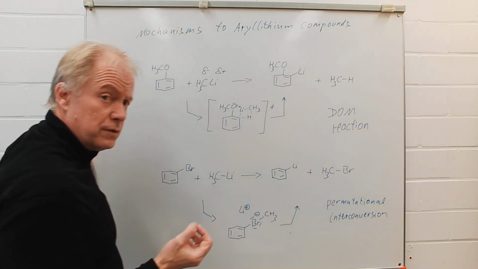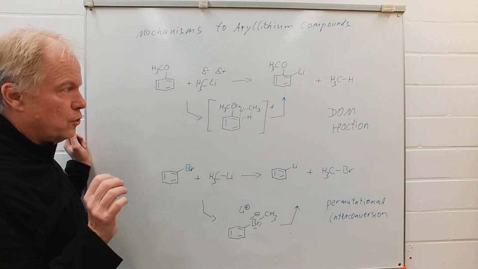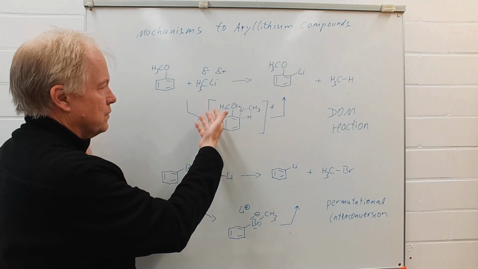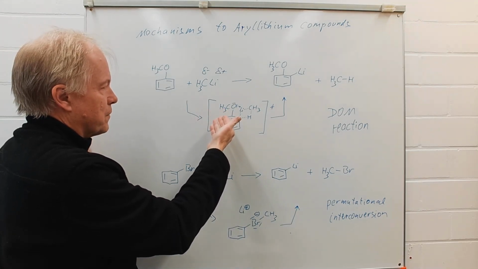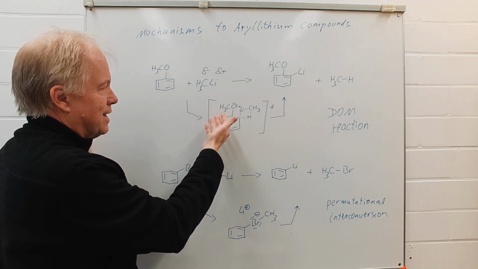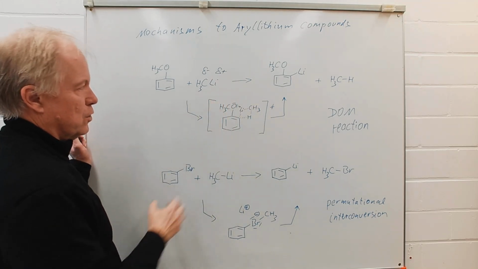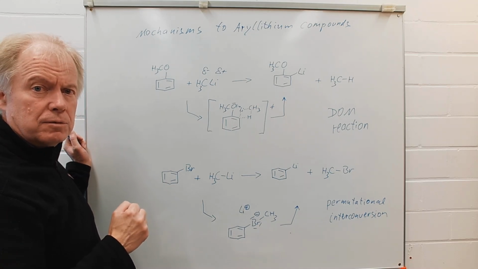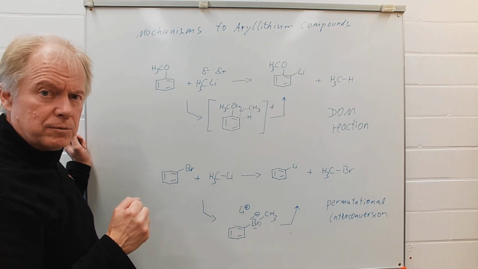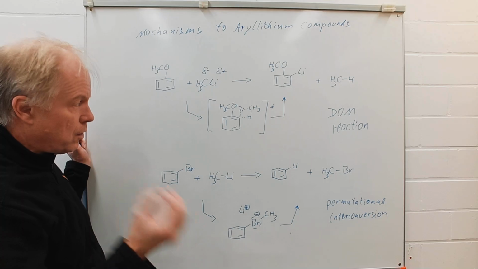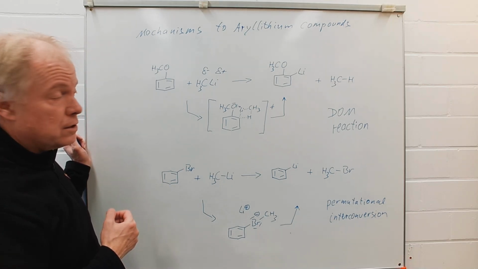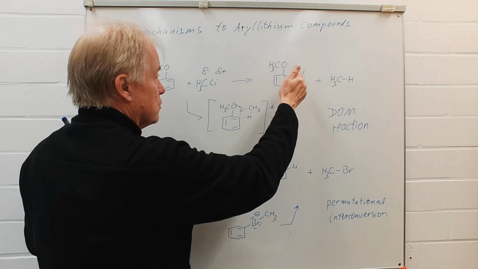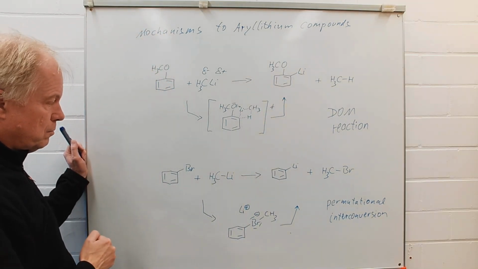DOM is an abbreviation for directed orthometallation, and this energy consideration was calculated by the group of the famous theoretical chemist Paul von Ragué Schleyer. Transition state to the lithiated compound.